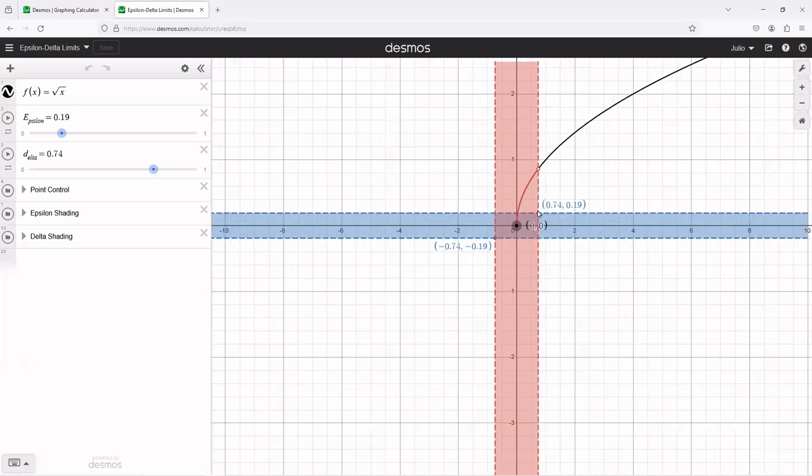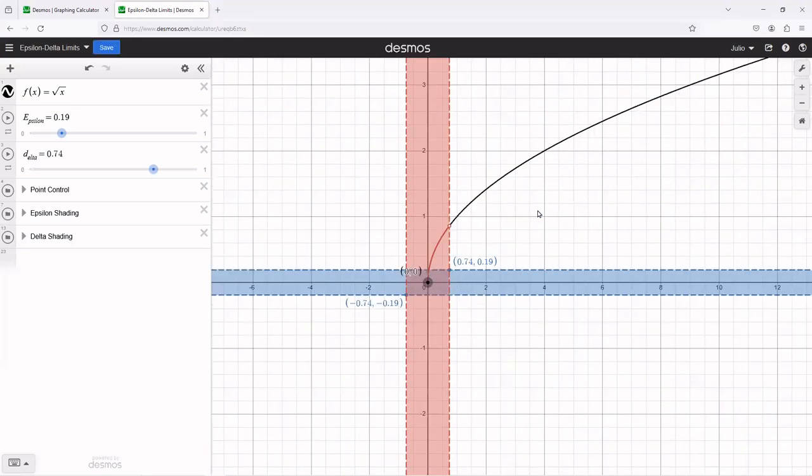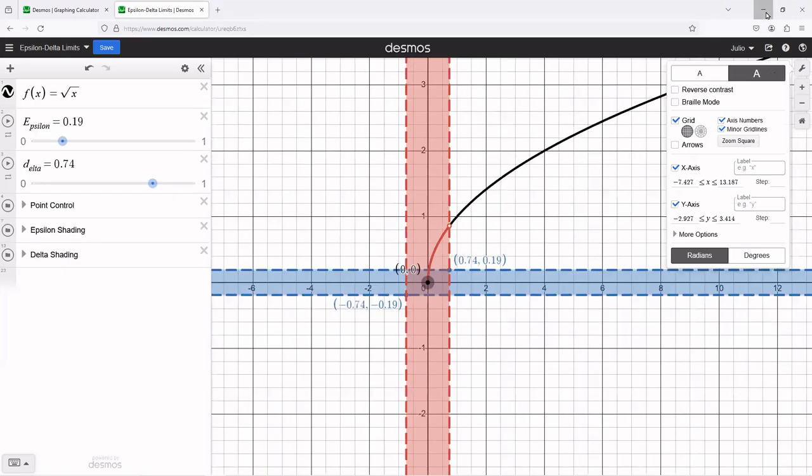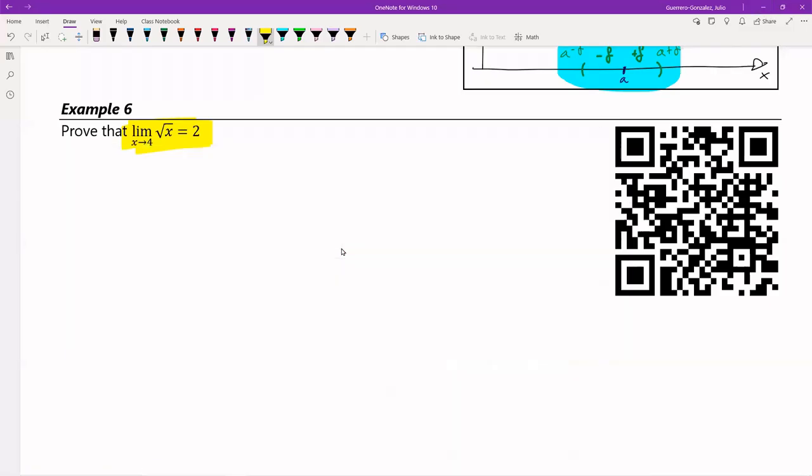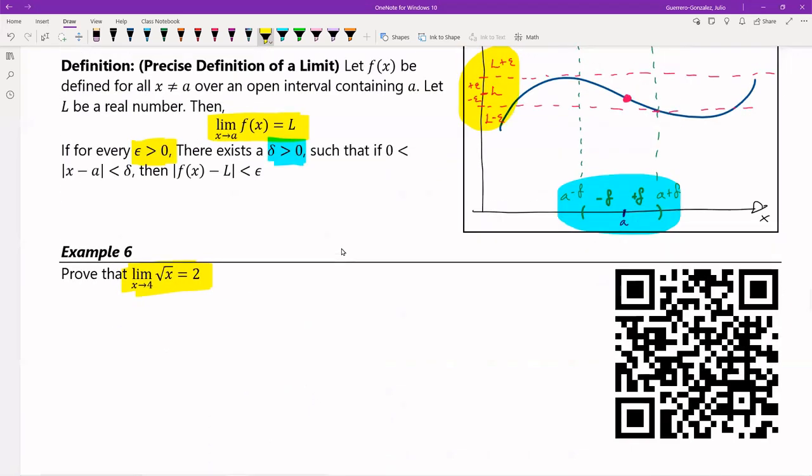This is sort of like an explanation of the epsilon delta definition of a limit. So first of all, I have to show you guys the computation that's involved with this. The idea behind this is I want this to be true no matter what: the square root of x minus 2 has to be less than epsilon.